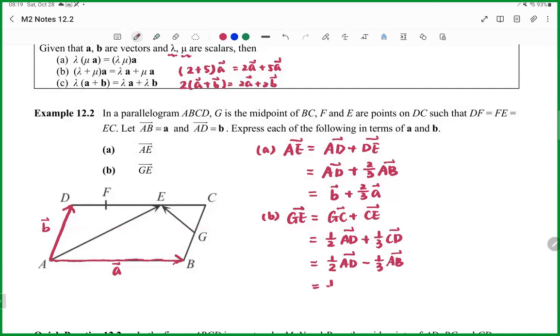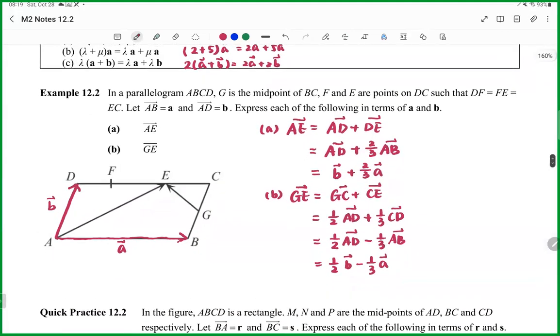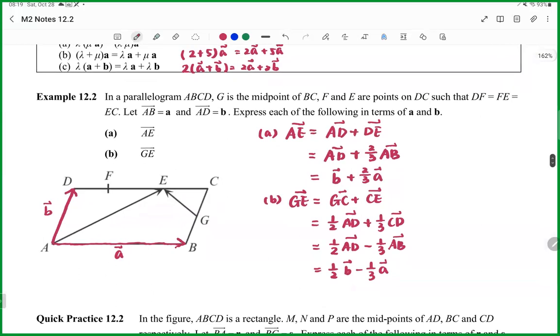So the answer is 1 over 2 B minus 1 over 3 A. Okay? Now you practice the exercise and let me know when you're done.